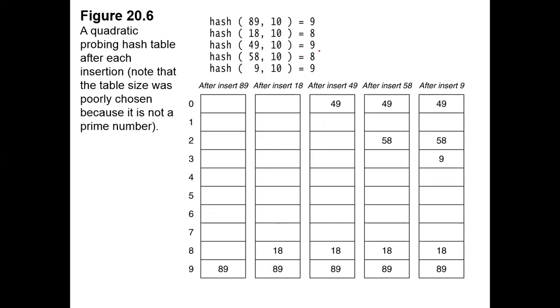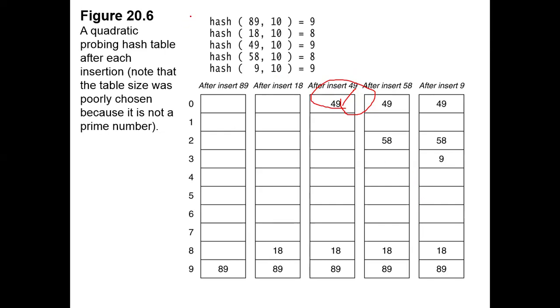Again, 49 maps to location 9. In the probing function, 9 plus i square, where initially i is 1, gives 9 plus 1, which is 10. 10 modulus 10 is 0, so at location 0, 49 will be added.